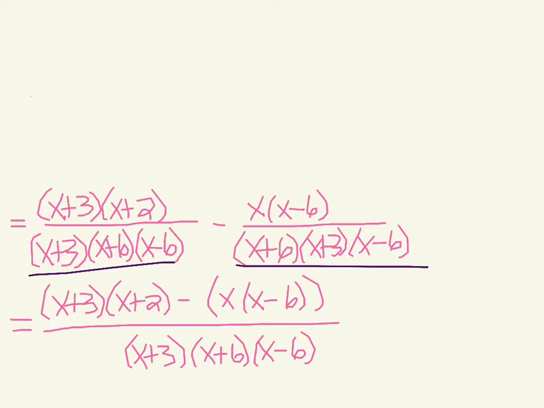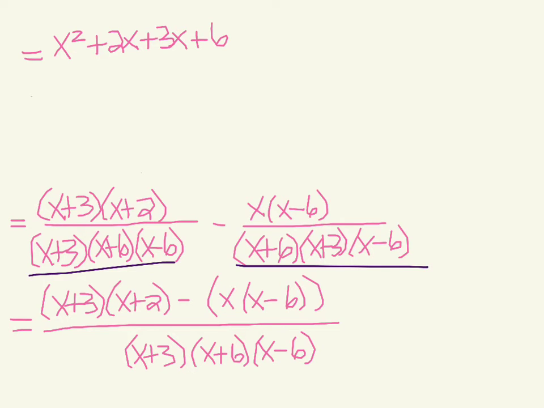Okay. Get back my pen. So FOILing out the x plus 3 times the x plus 2, this guy, is going to give me x squared plus 2x plus 3x plus 6.